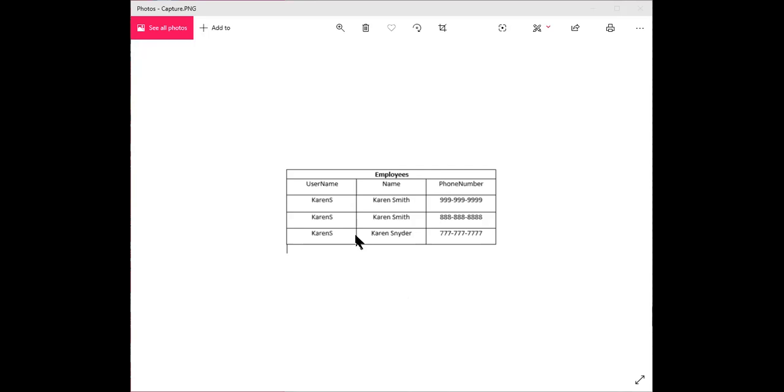So in this particular example, it is possible that Karen Snyder, or Karen Smith, whichever one of these is a new employee, and maybe the person who entered the new employee through that application entered the wrong name.